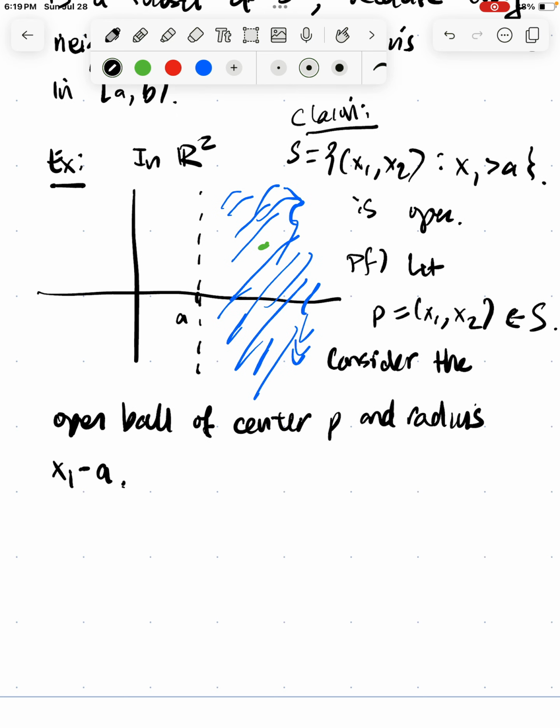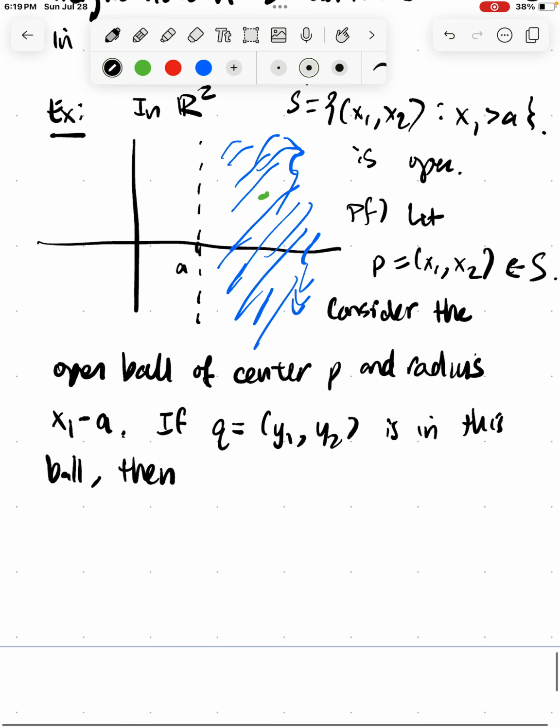All right, so let's show that this open ball is completely contained in S. Well, we have to take an arbitrary element in that ball and show that it is in S. So if Q equals y1, y2 is in this ball, then, let's see, what are we trying to show? We want to show that y1 is greater than A. Now, what do we know about the absolute value of x1 minus y1?